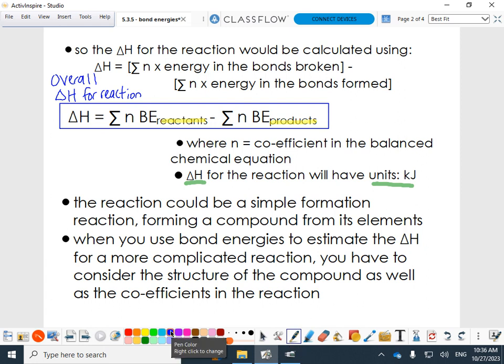What does this symbol mean? I guess I didn't talk about that. Yes. Like the sum? Yeah, the sum. Okay, so we're going to add them together, all the reactants together, subtract all the products together.